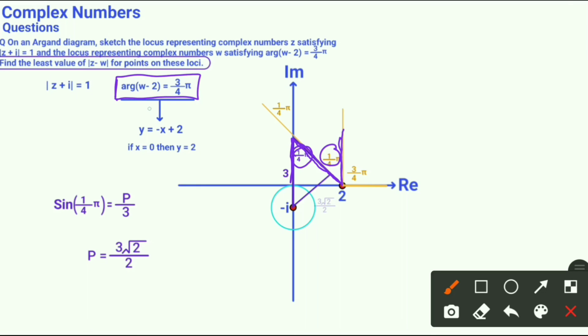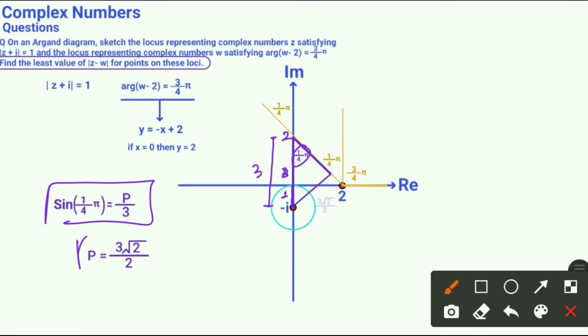Okay, now after converting this into an equation of a line, we get this. And if x is equal to 0, then y is equal to 2, which means right here is 2. Since the radius is 1, 1 plus 2 is 3. From here to here it is 3. We got this angle, and now we can use sine to find this one, p.